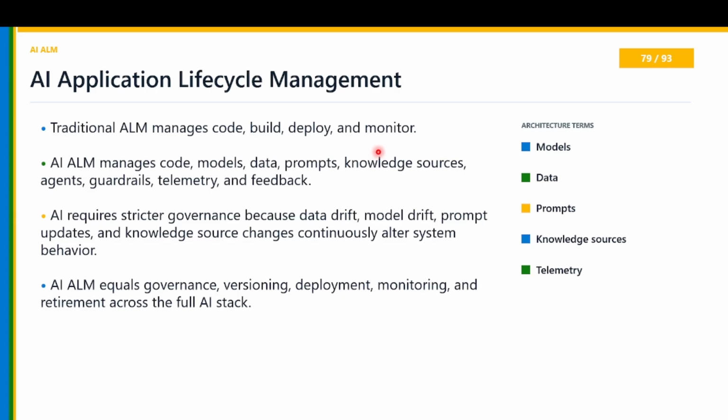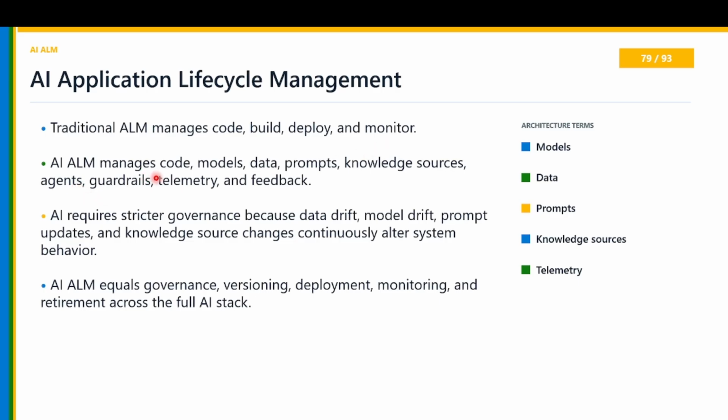But here you have your base model, you have your prompts, then you have the RAG database. Apart from the agentic AI database, you have the RAG database that you are supplying, and then you have the entire application to manage. So traditional ALM manages code, build, deploy, and monitor. That's the entire development life cycle of a traditional application.